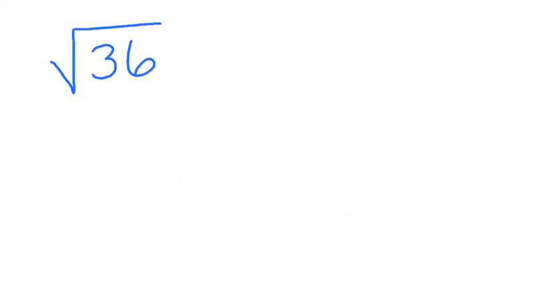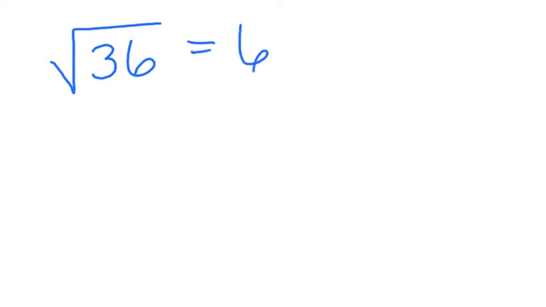Okay, here is the square root of 36. Which part of this is the radical? If you said this part, you would be right, radical. Which part is the radicand? The radicand is 36. Okay, what is the principal square root of 36?